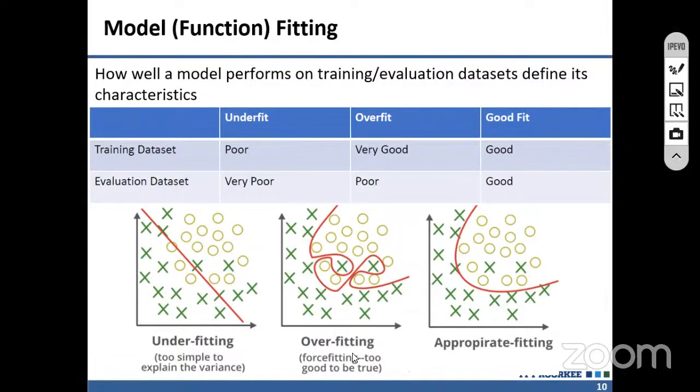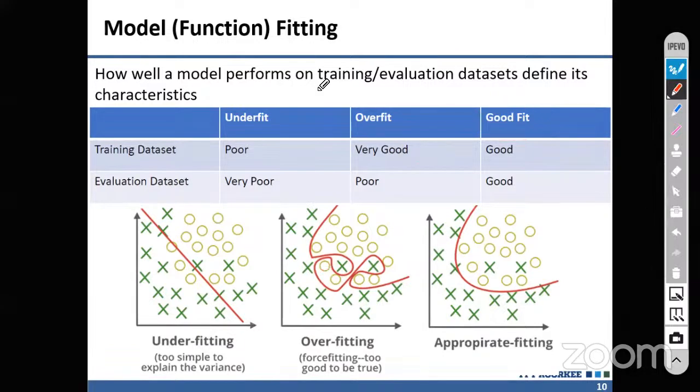Which model function is best among the three? Of course, the good fit. We want a model which is not underfit and not overfit.